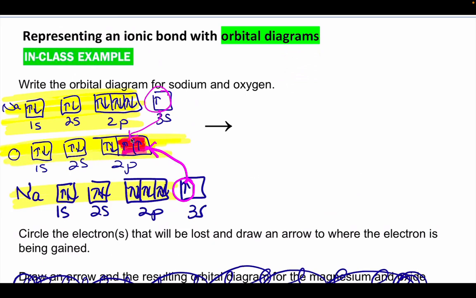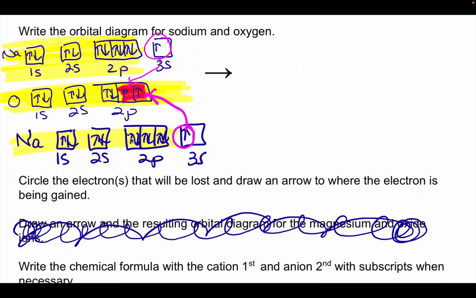It's not always neon, I'm just giving you the smaller ones because I don't want you to have to draw orbital diagrams for really big ones. The formula, if I put the cation first, is Na, and there are 2 of those for every 1 O. We don't write the subscript of 1. It's just implied.